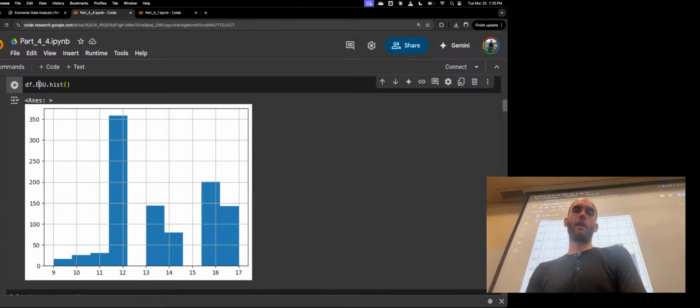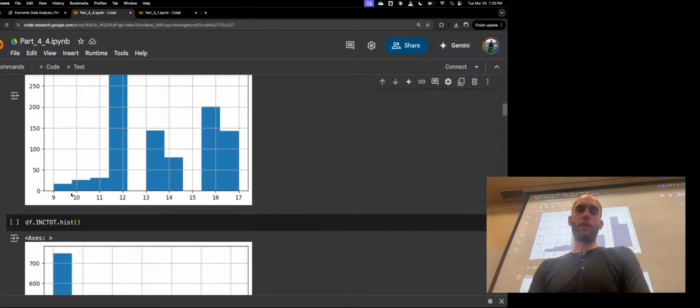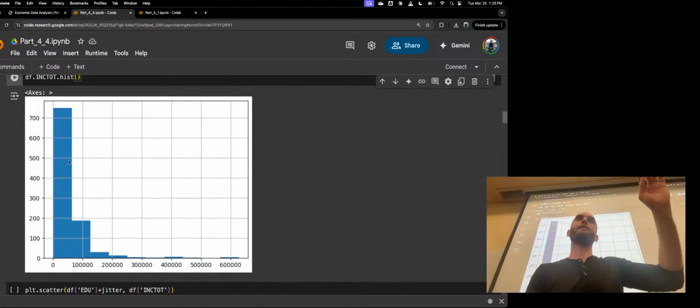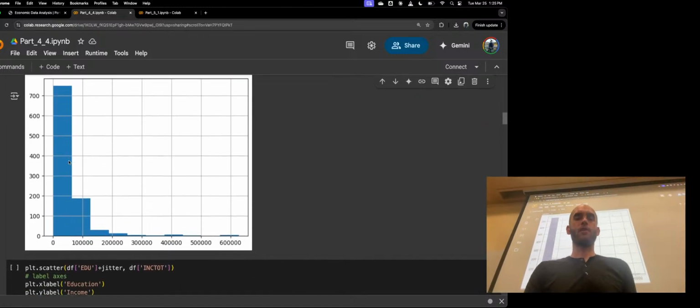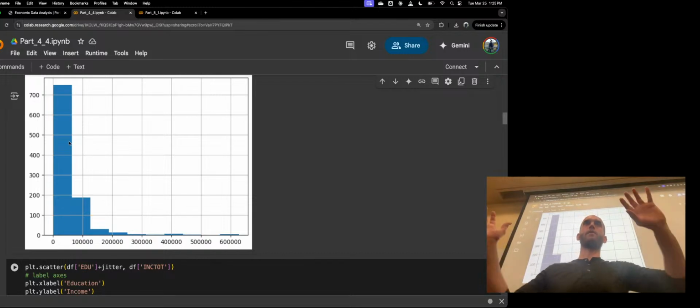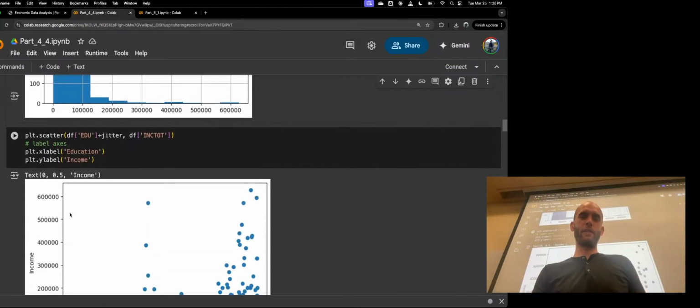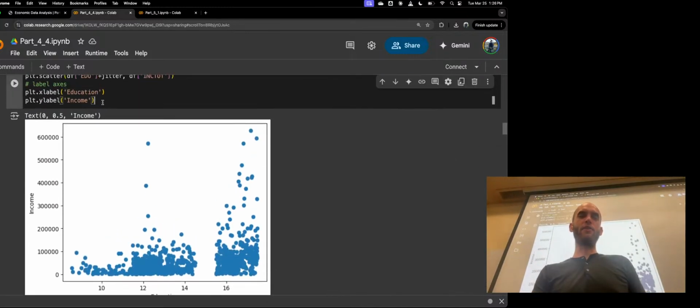So this was education, different years. We had income total. We found that this was very skewed. So it was zero inflated, lots of pressure towards zero. Then we talked about education and income.